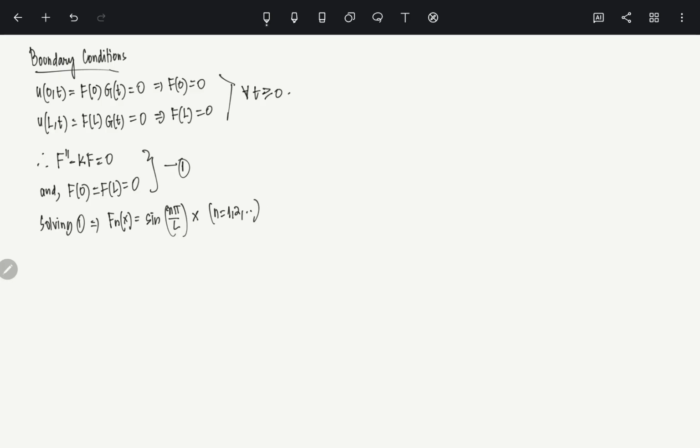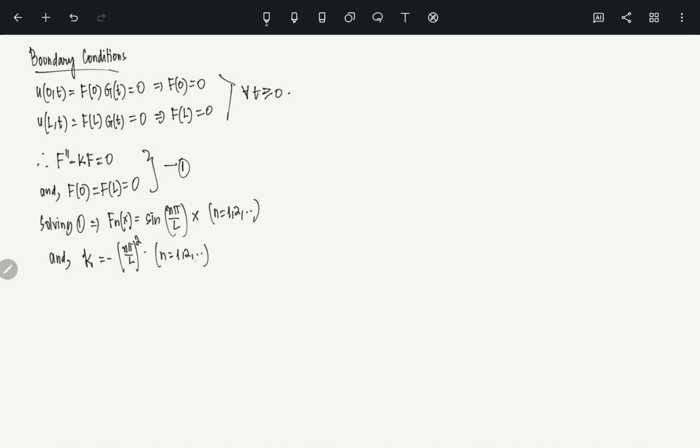The fn's are these, and they are the eigenfunctions corresponding to the eigenvalue, which is k. So k will be minus (n pi by L) squared. That's your eigenvalue, where again n equals 1, 2, and so on.